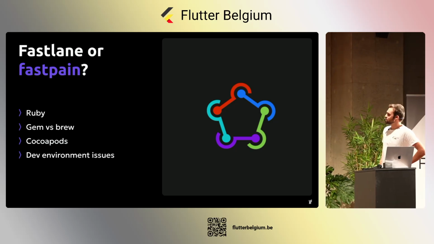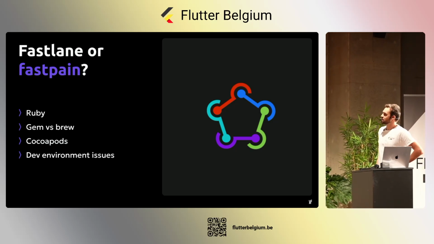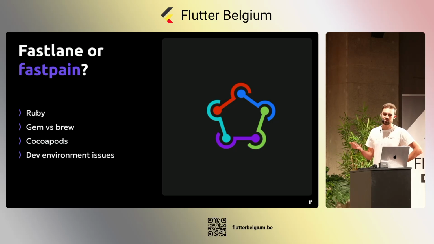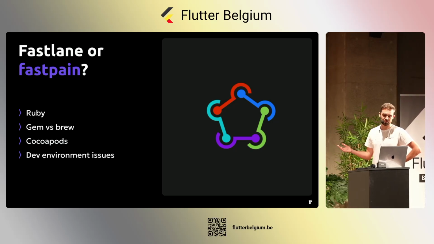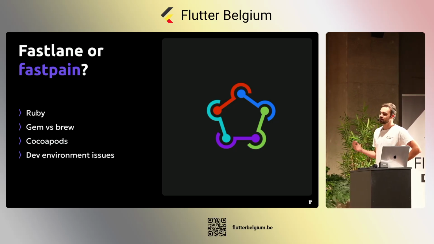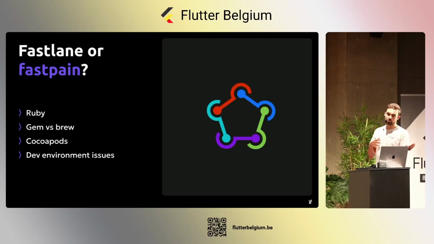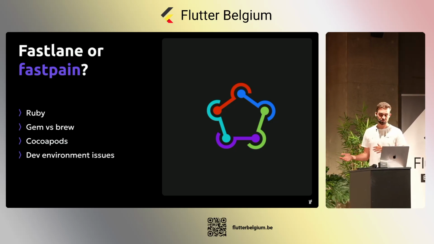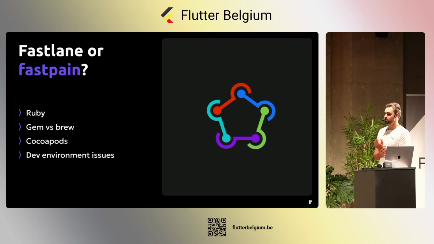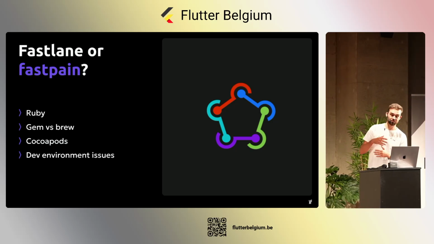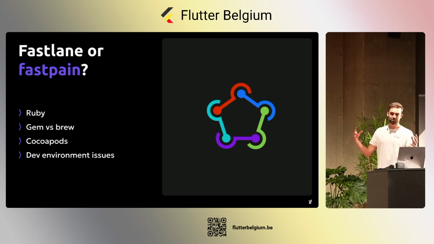The main reason for me is that it uses Ruby in the first place. It's another programming language that you don't use at all when doing Flutter. You need to make sure that you install it correctly through gem or brew, especially if you also use CocoaPods. If you install CocoaPods with brew and Fastlane with gem, then they don't know both of them exist.